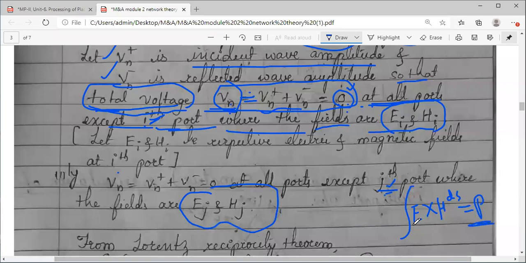So since we have these fields Ei, Hi, Ej, Hj, I can make use of this relationship so that I can get powers.